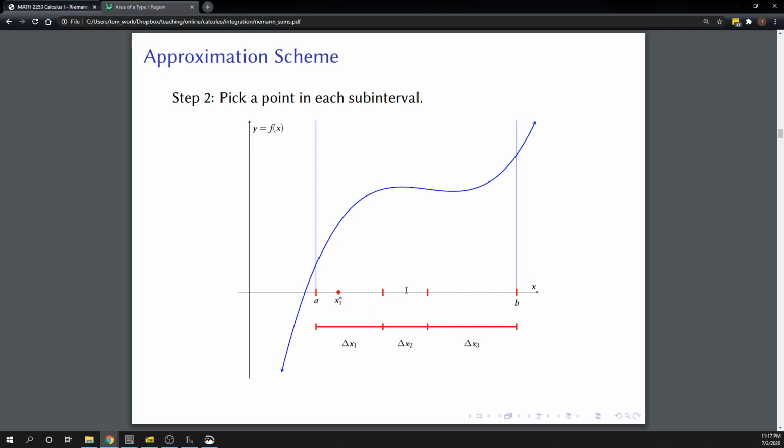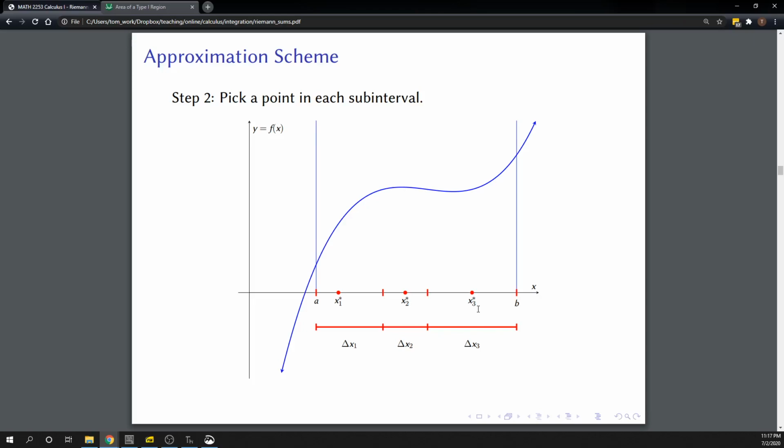I'm going to pick another point in the second interval and call that x2 star, and then I am going to pick a third point in the third interval and call that x3 star.